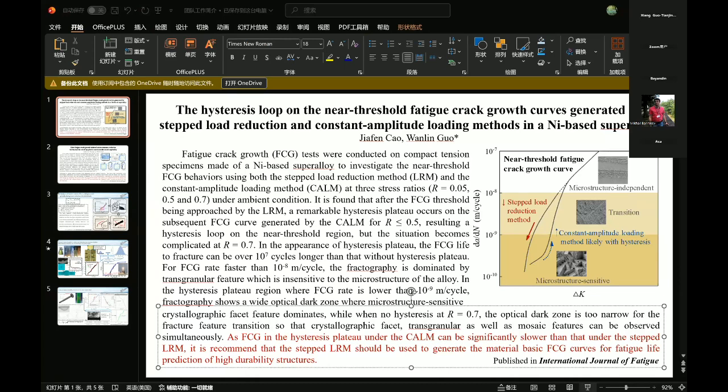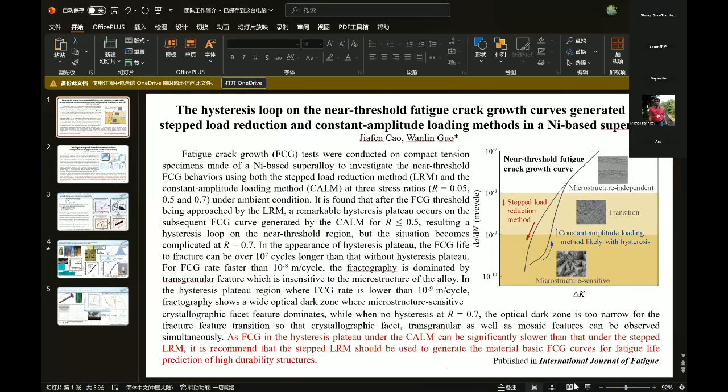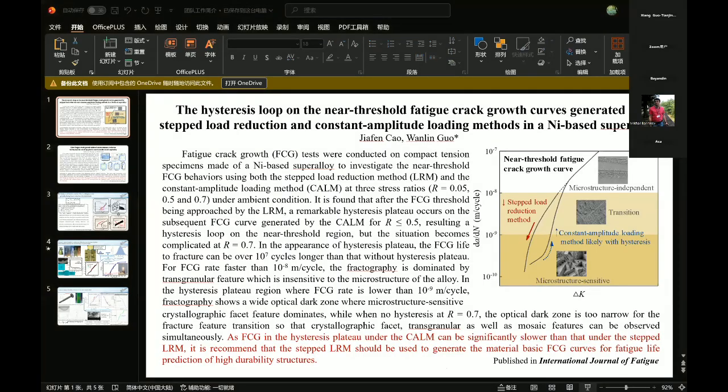But we find the problem of durability of aging airplanes is a great challenge for survival. And this is what we can do with young people.